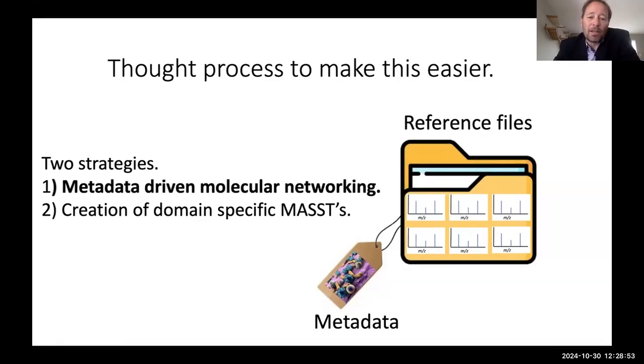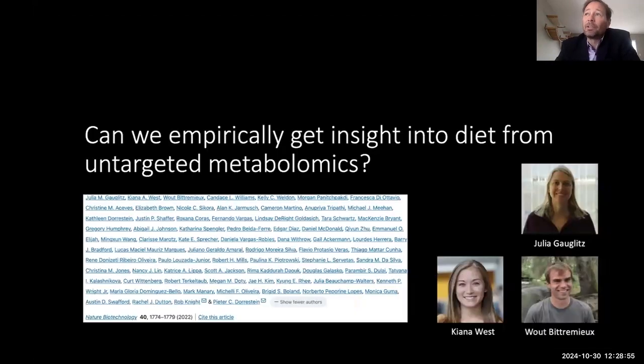Metadata-driven molecular networking, I will just highlight what this is and how we do this. If you have an untargeted metabolomics data set, is it possible to read dietary patterns from this? The real question is, can we empirically establish diet from untargeted metabolomics data?